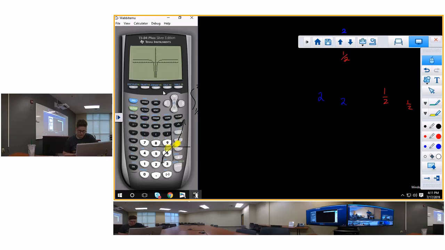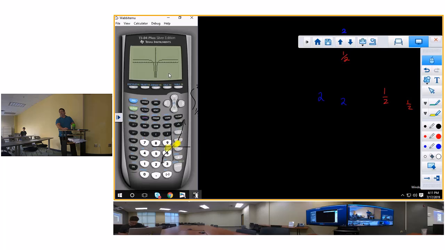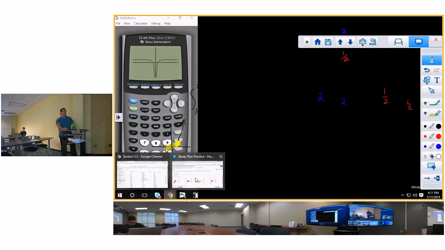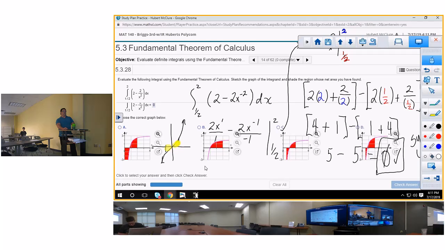And from negative, is that what it looks like? Let's see what they got. Pull up the problem. Okay, it's on the right side because on the positive side, they're going from 1/2 to 2.